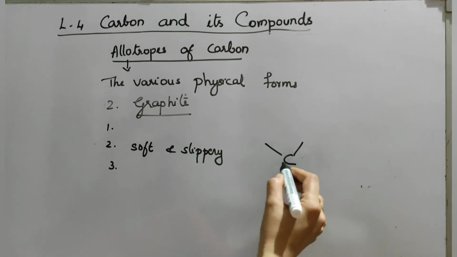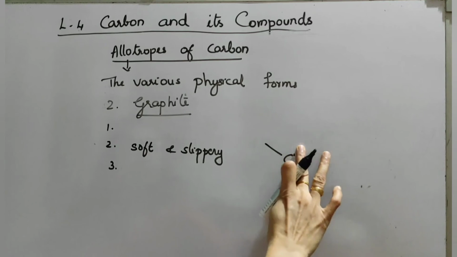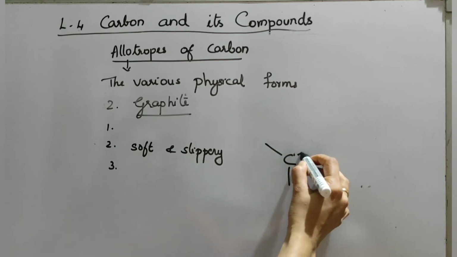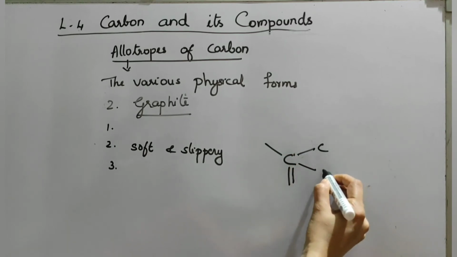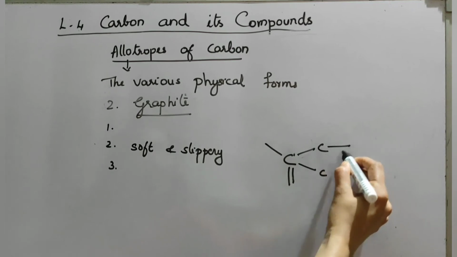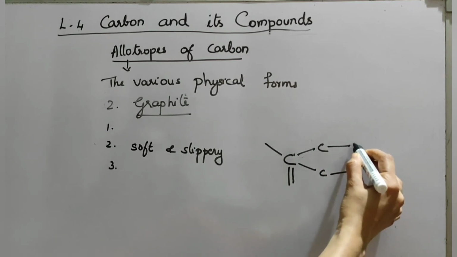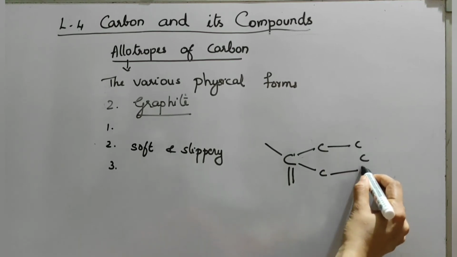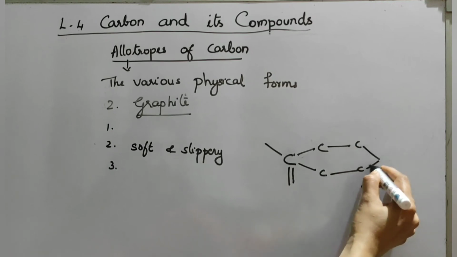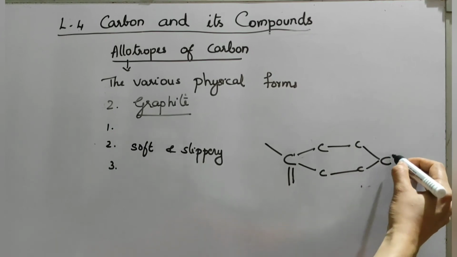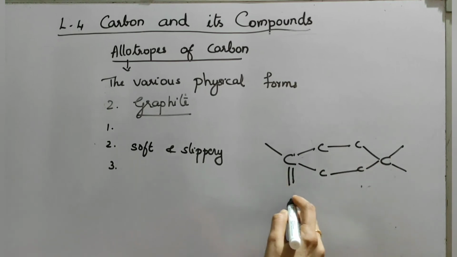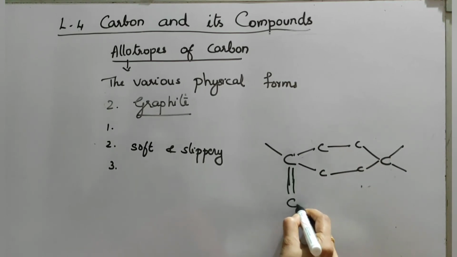So look, one carbon atom is like this, and they form a hexagonal array. Another carbon and 3 other carbon like this, and again they form another hexagonal array, and one bond is a double bond.